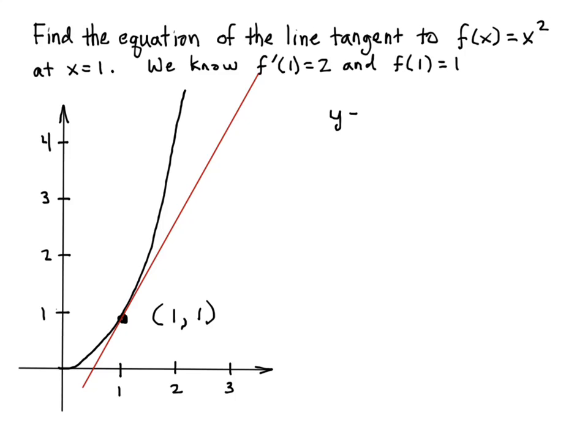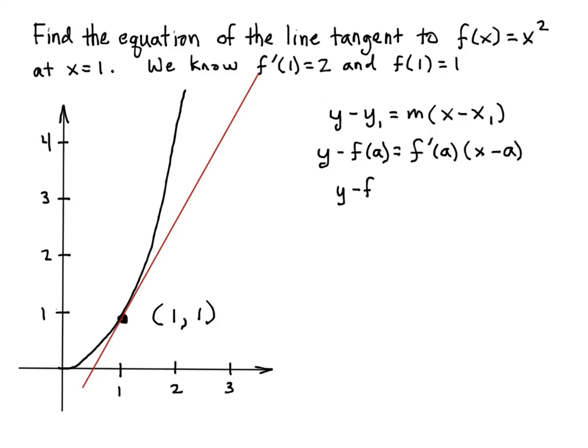So anyway, if you recall the point-slope formula for a line, that should look really nice and familiar to you. We substitute in what we have for these values. So we know y sub 1 is going to be f at a. We know the slope m is going to be f prime at a, and then x1 of course is a.